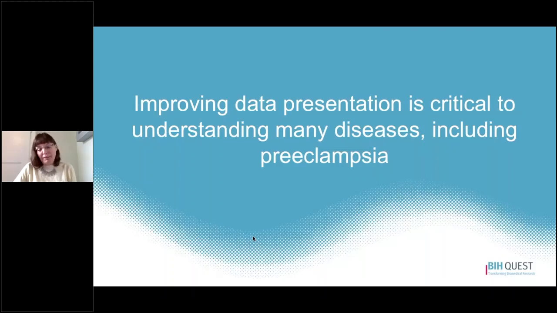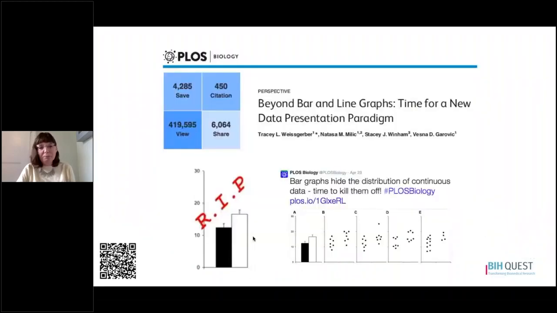The problem with this is that data were often presented in bar graphs, and there are no subgroups in a bar graph. So bar graphs only show summary statistics. They collapse everyone into a single average, and that subgroup information is really missing. So bar graphs are what we show when we want to conceal heterogeneity or group differences. When we want to reveal that information, we need to use more informative graphs.